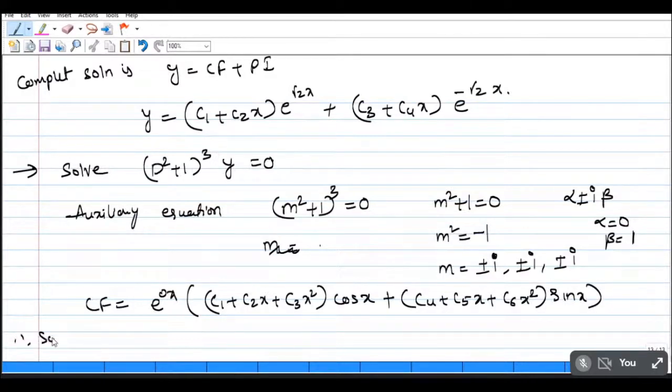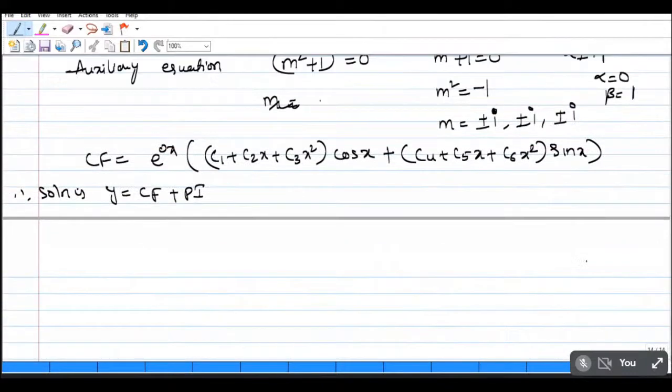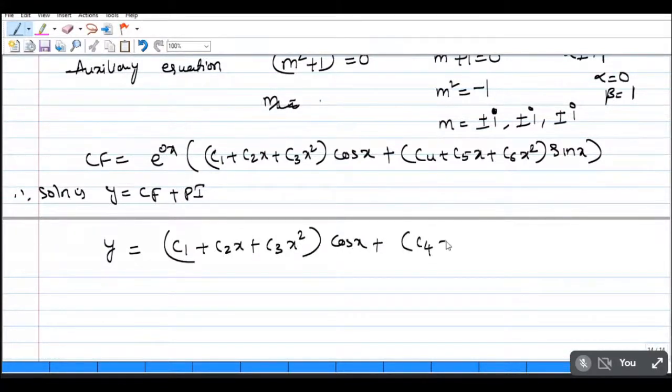Therefore, the solution is y equal to CF plus PI. Therefore, y equal to e power 0x, which is 1, so (C1 plus C2x plus C3x square) into cos x plus (C4 plus C5x plus C6x square) into sin x. This is the complete solution.